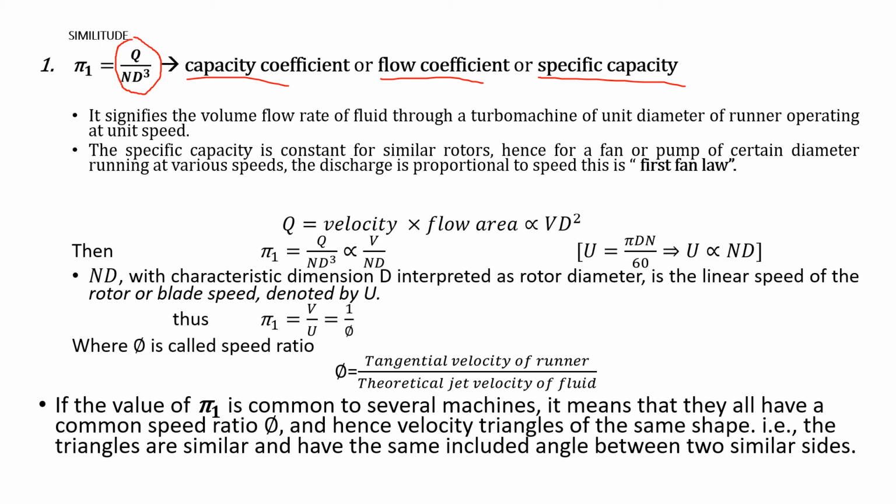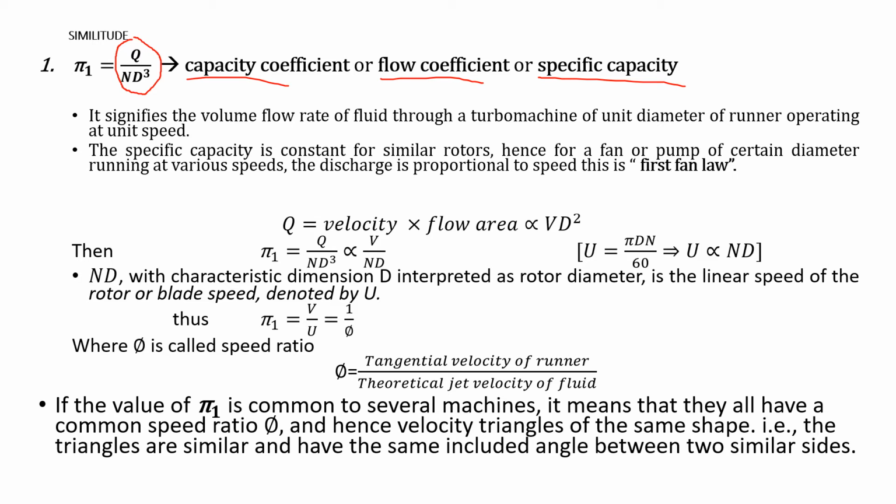It means that if there is a turbo machine of fixed diameter operating at unit speed, it gives us the volume flow rate at that condition. So the specific capacity is constant for similar rotors.